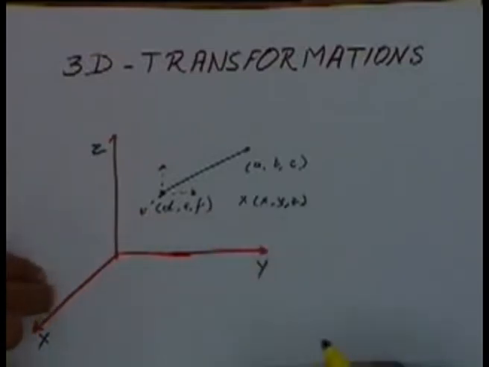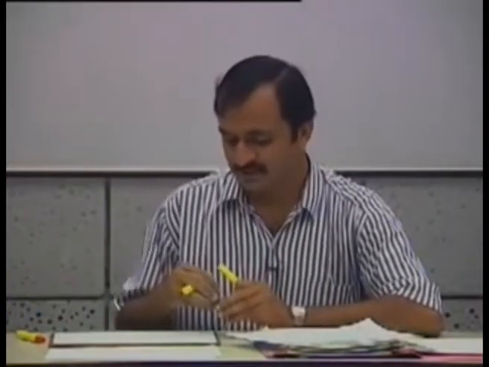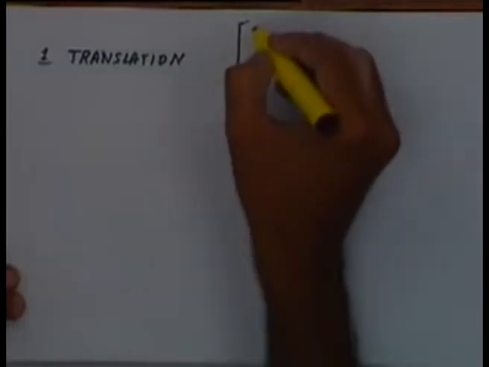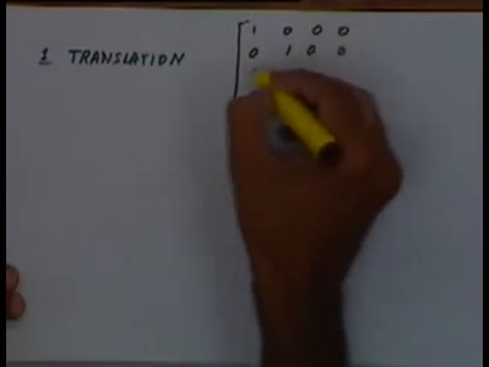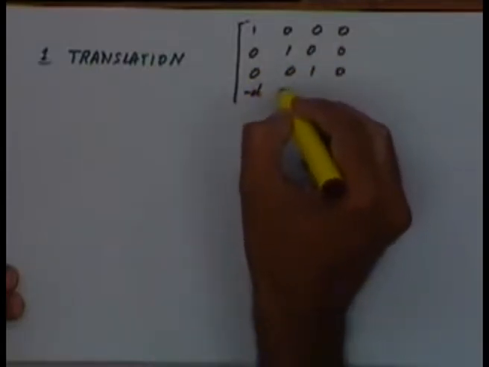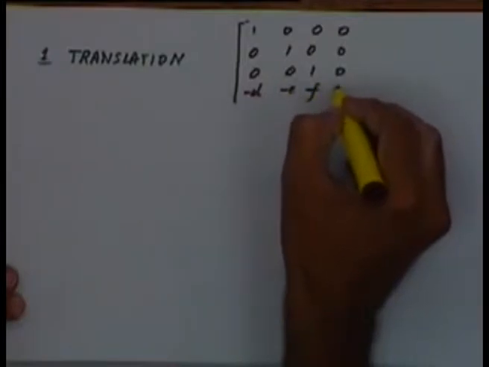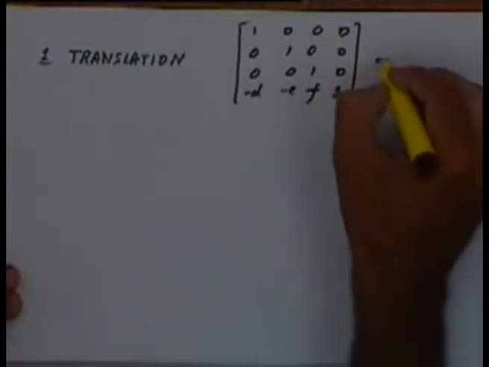Okay, that it would involve a translation by an amount of minus d minus e minus f. Okay, so the first step is a translation step. Okay, and that this would be carried out by a transformation matrix which would look like this. Okay, this we will call as T1.